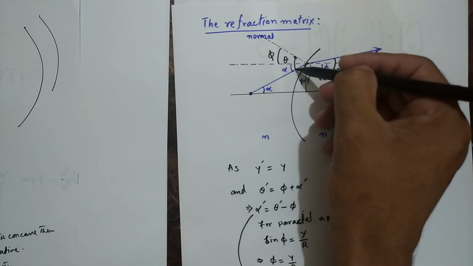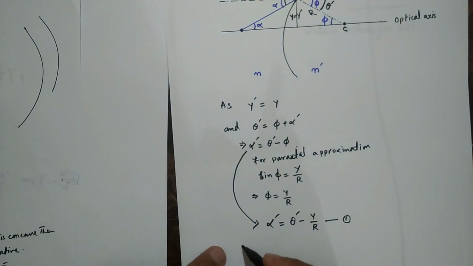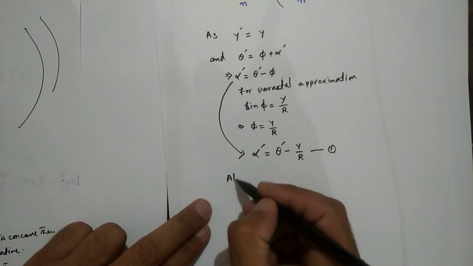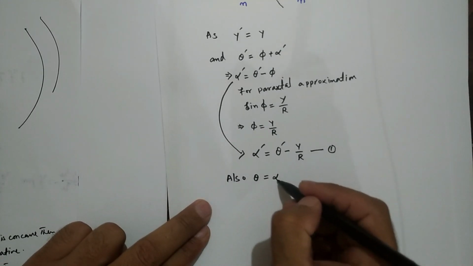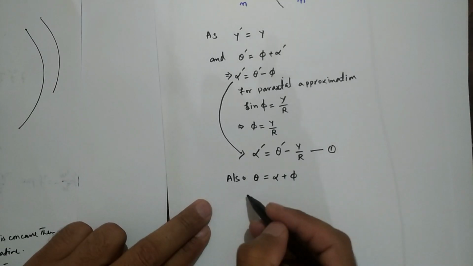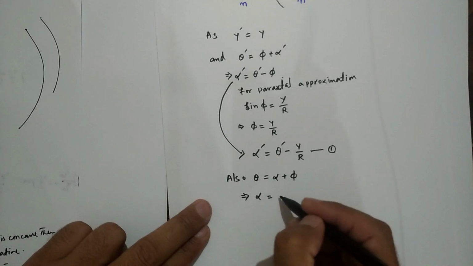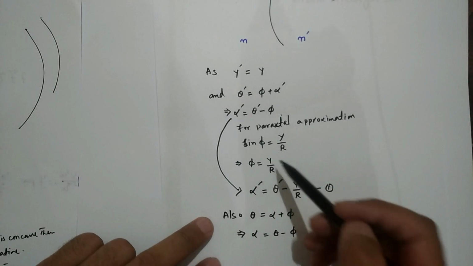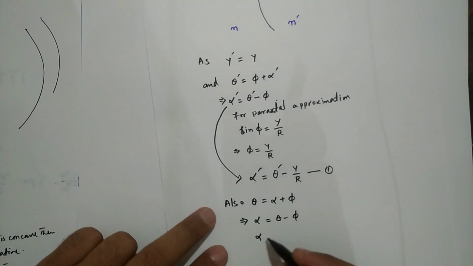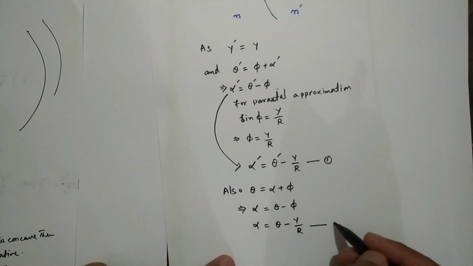Therefore alpha is equal to theta minus phi, and phi is equal to y upon r. Therefore alpha is equal to theta minus y upon r. This is equation number 2.